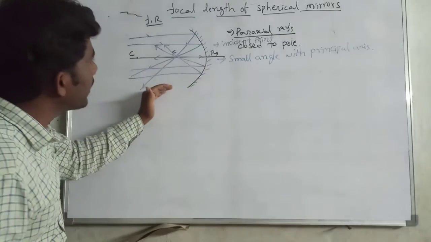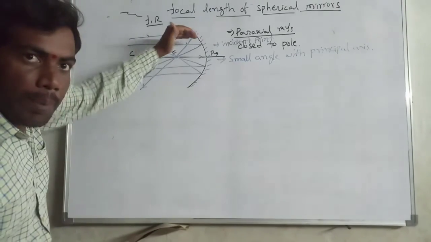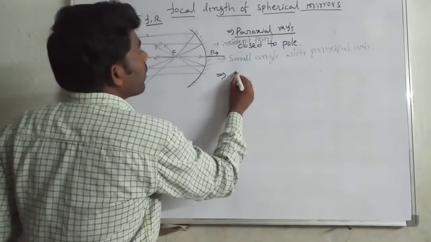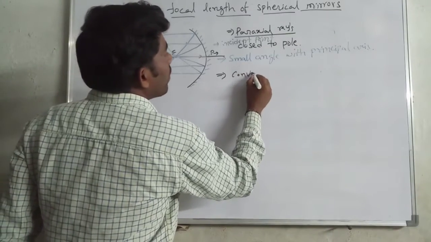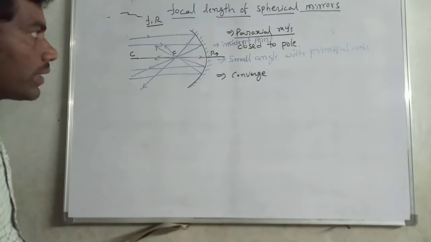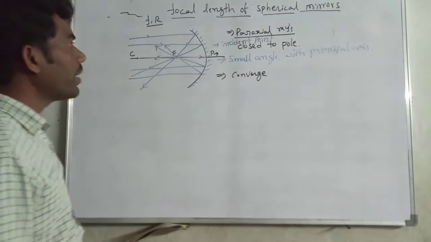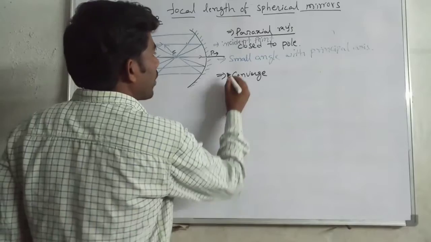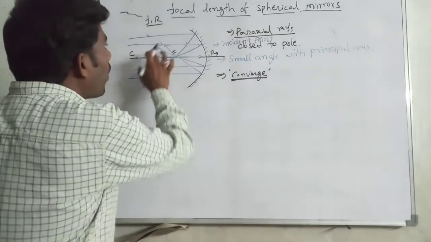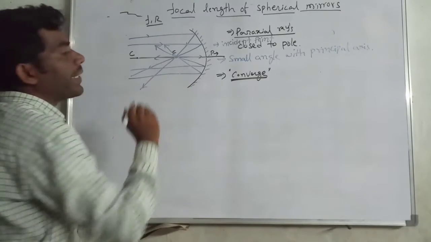In this case, after reflection, the rays all converge. Converge means they are all incident at the same point.